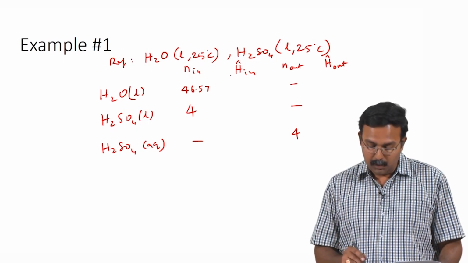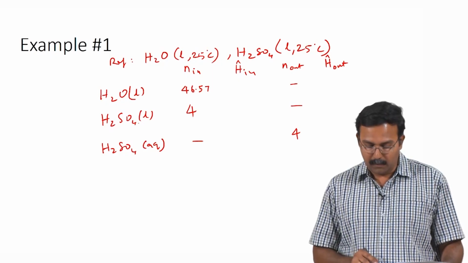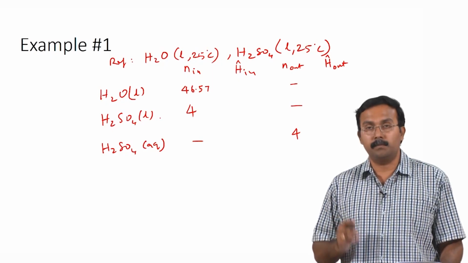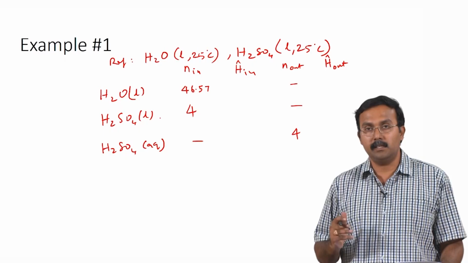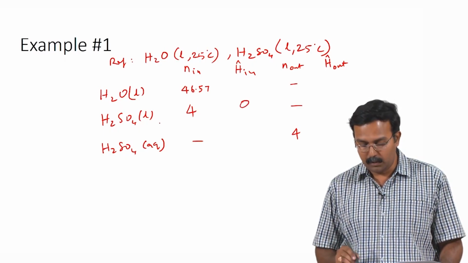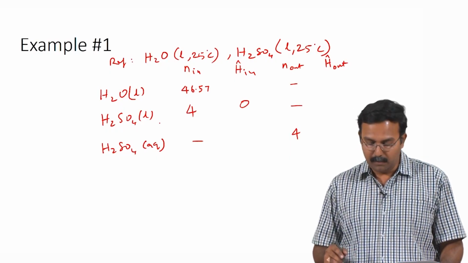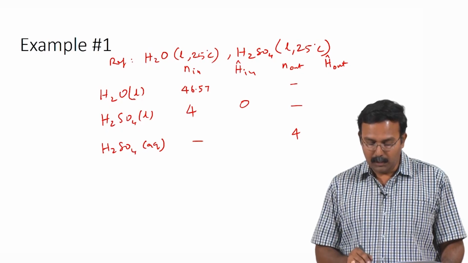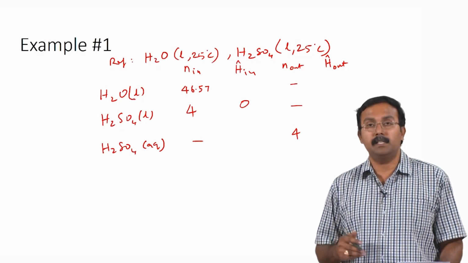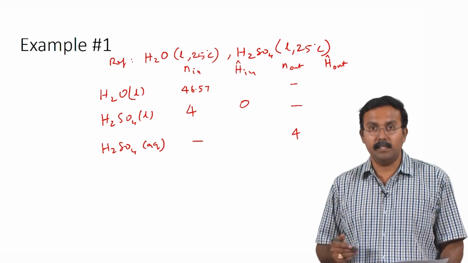So, now what are the enthalpy values for this? You have H2SO4 liquid which is present at 25 degrees Celsius and 1 atmosphere, which is the same as the reference state. Therefore, this specific enthalpy would be 0. You have water liquid which would be coming in at a temperature T, and the reference temperature here is 25 degrees Celsius.